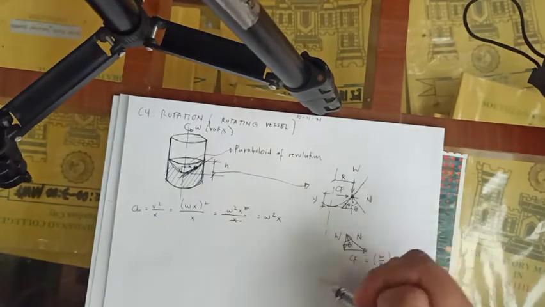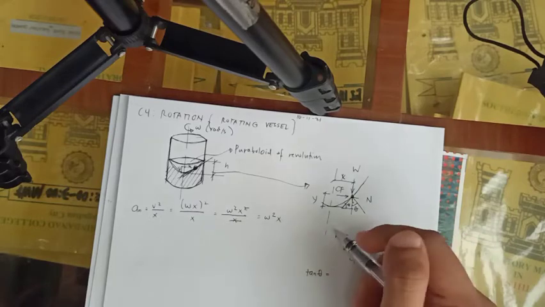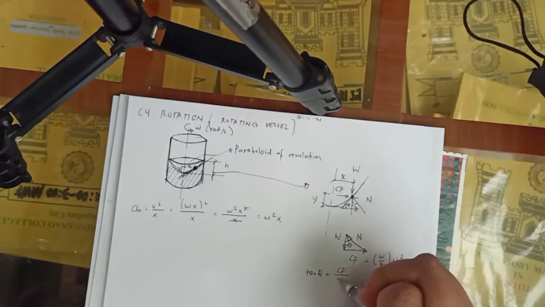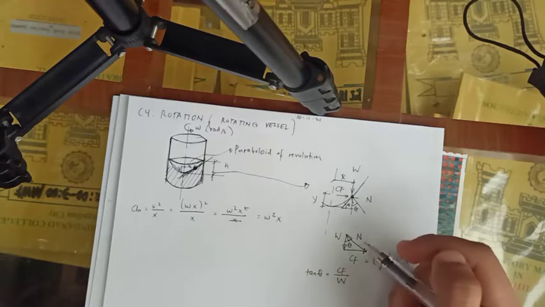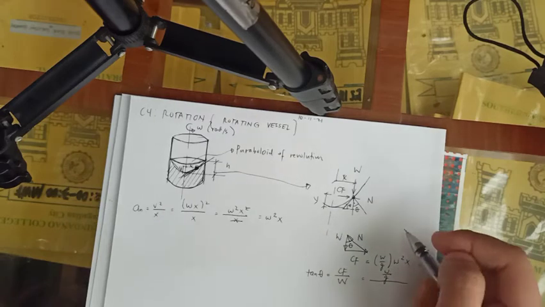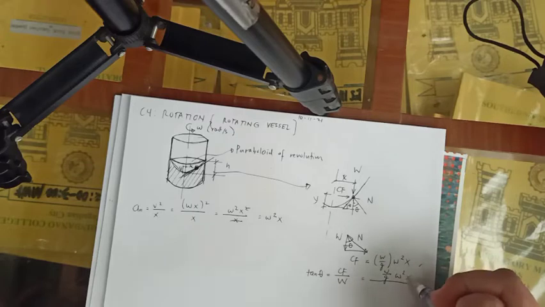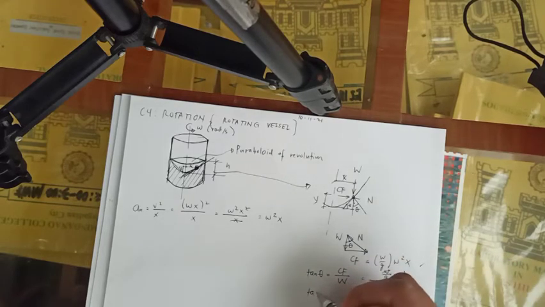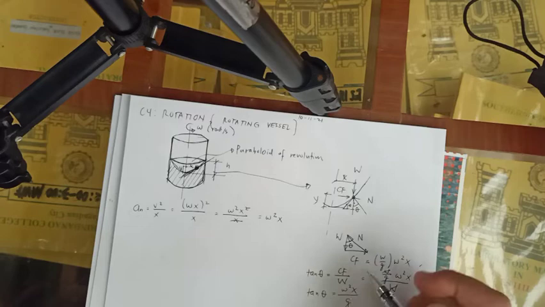So from this illustration, tangent theta equals CF over weight, and for the value of CF we input W over g times omega squared x, over W. Cancel W. So our tangent theta is omega squared x over g. So this is the first equation.